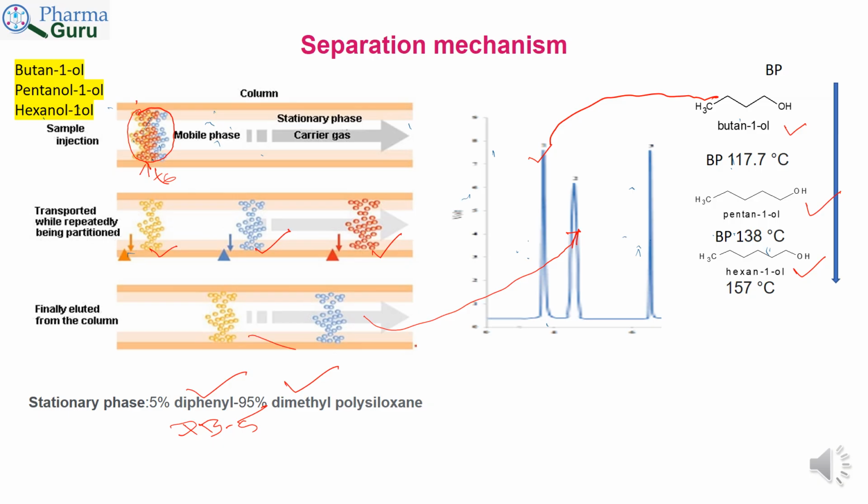After that, hexanol will elute and we will get the peak of hexanol. And in this way, we get the GC chromatogram of the sample mixture containing butanol, pentanol and hexanol.